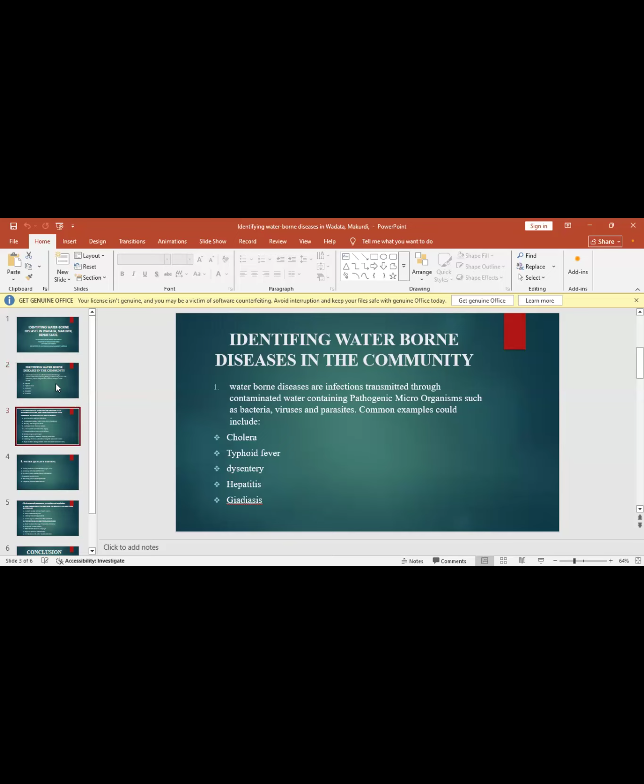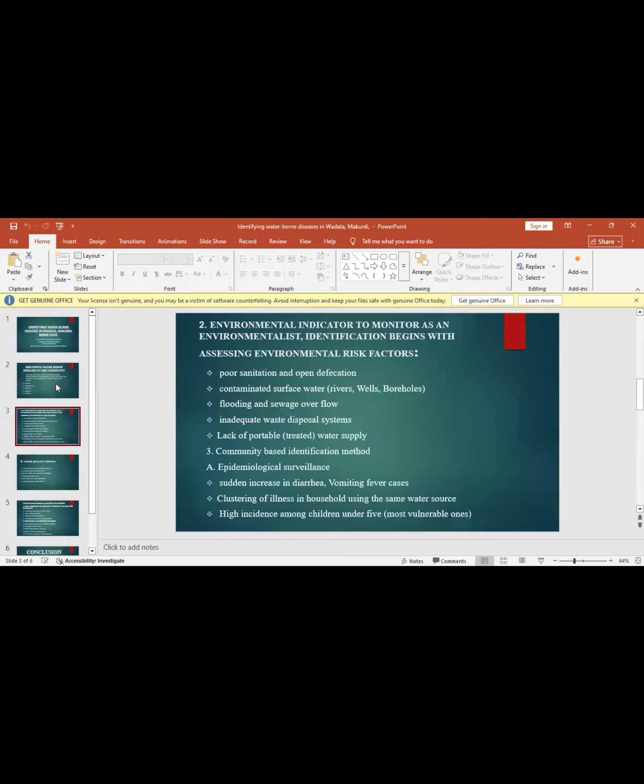Then we have the environmental indicators to monitor as an environmentalist. In identifying waterborne disease, we need to assess environmental risk factors such as poor sanitation, open defecation, contaminated surface water like rivers and wells, flooding and sewage overflow, inadequate waste disposal systems, and lack of potable treated water supply.